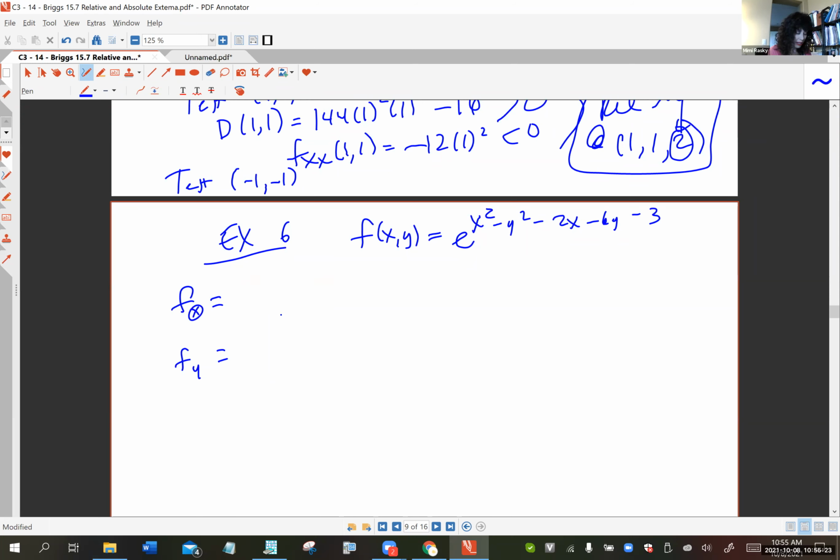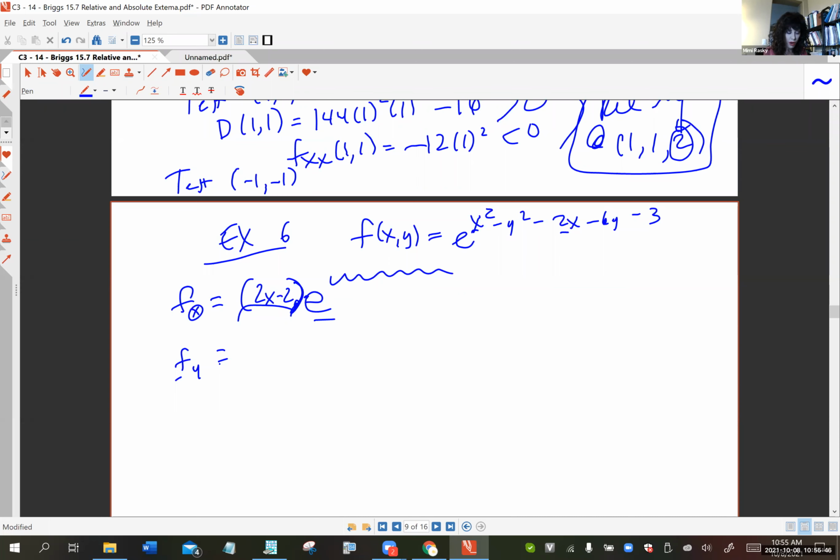So it's going to be e to the blah, blah, blah, times the derivative of the blah, blah, blah, with respect to x. Well, that's just going to be the quantity 2x minus 2. So the partial with respect to x is 2x minus 2 multiplied by e to that whole thing.